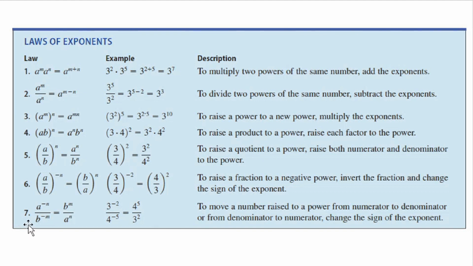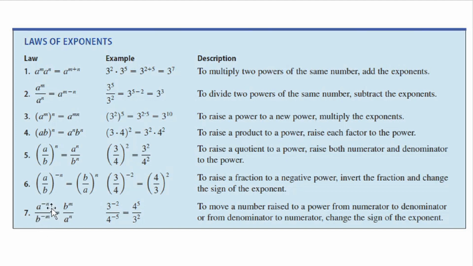And lastly, for number 7, to move a number raised to a power from numerator to denominator or from denominator to numerator, change the sign of the exponent. So, for example here, we have a raised to the power of negative n over b raised to the negative m. To avoid seeing the negative exponent, we have to interchange the position of the base.